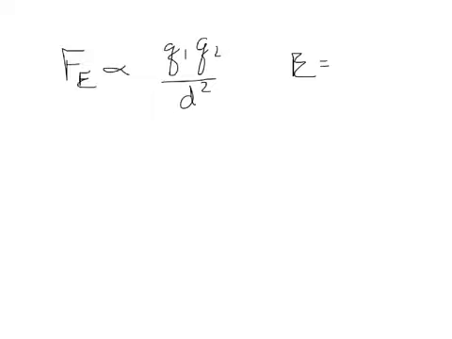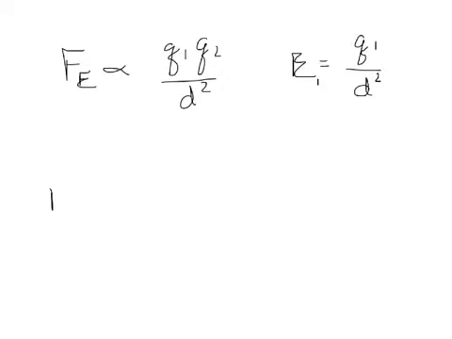For example, we had the electrostatic force, and that was proportional to not just charge 1, but a second charge as well, all over d squared. We also took a look at an electric field and realized that each charge produced its own electric field, and that was proportional to an inverse d squared as well.